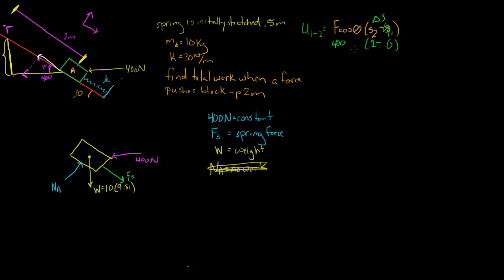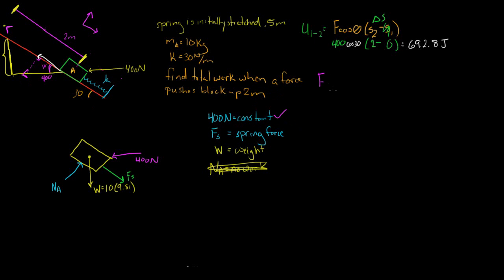So again, this is going to be the cosine of 30. And when you do this calculation out, you get 692.8 joules.